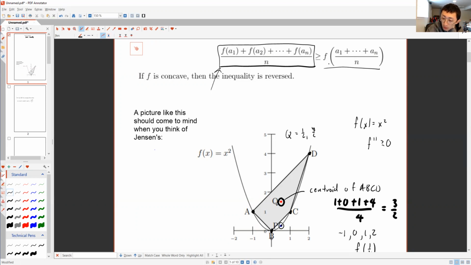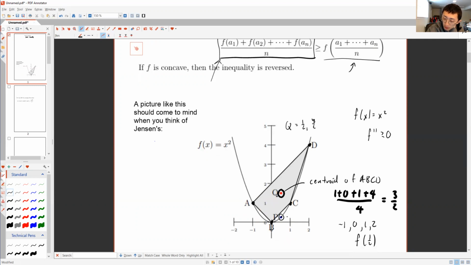And then you can clearly see that because f is convex, this polygon lies above the curve, or above the function itself. So its centroid should be above the point on the curve that is f of the average of all of the points, which is P here.